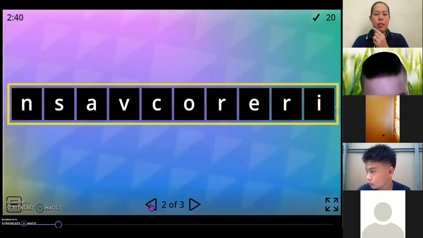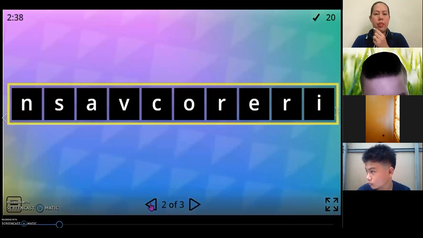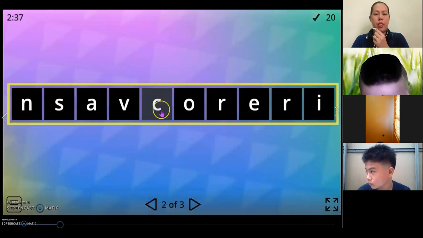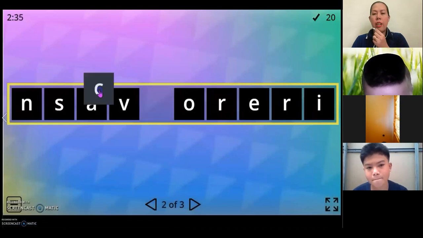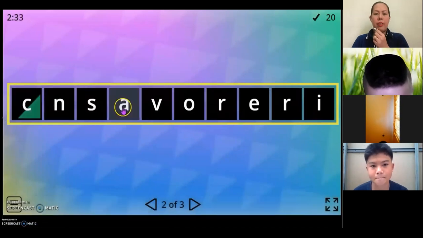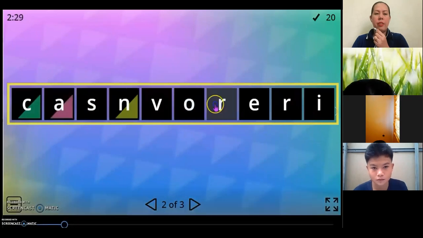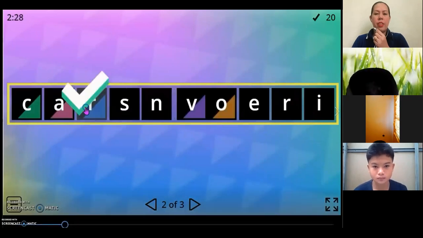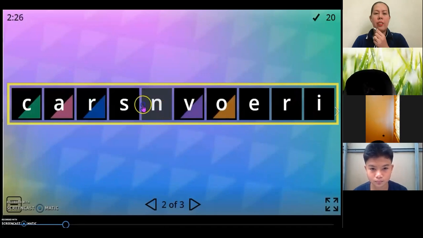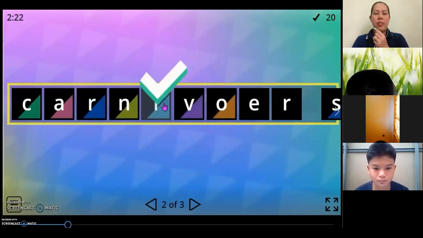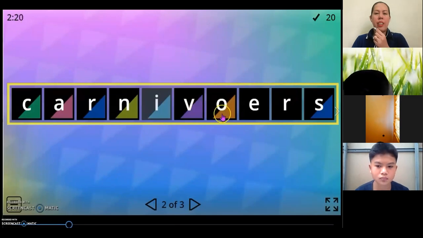The second word is carnivores. What is the first letter? C. Then A, then R and N. It's correct.